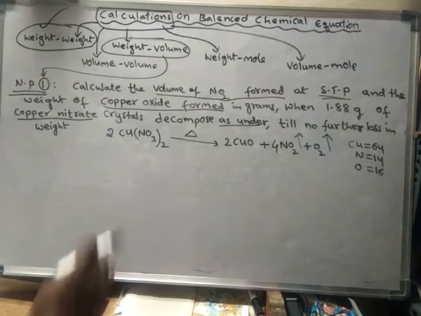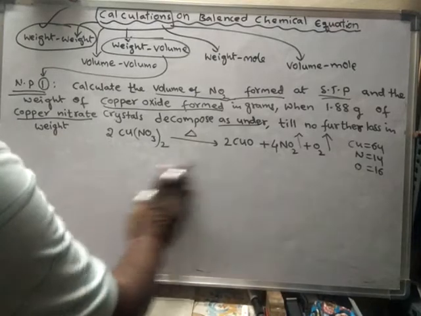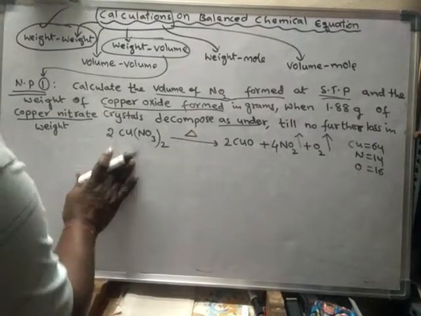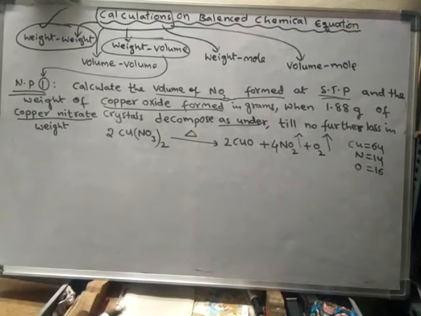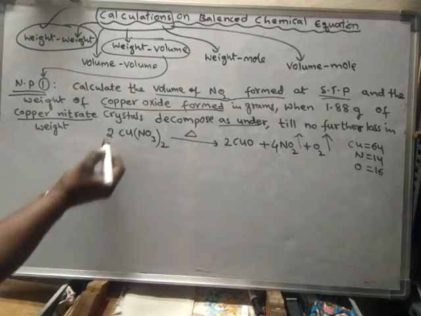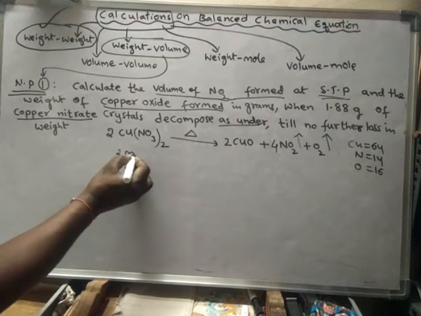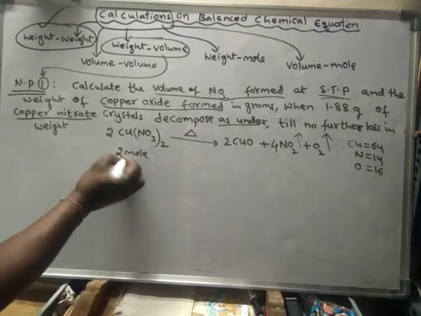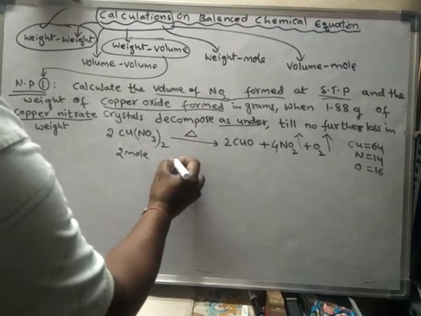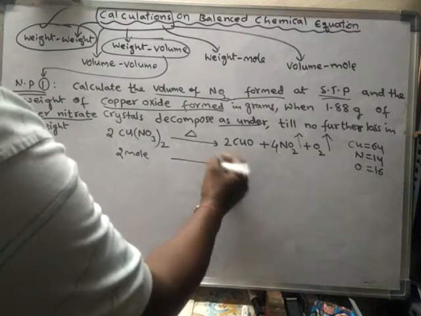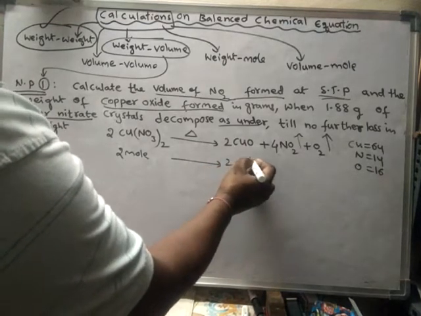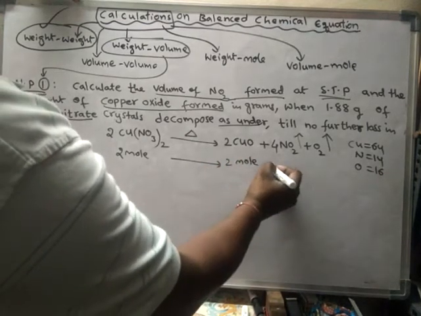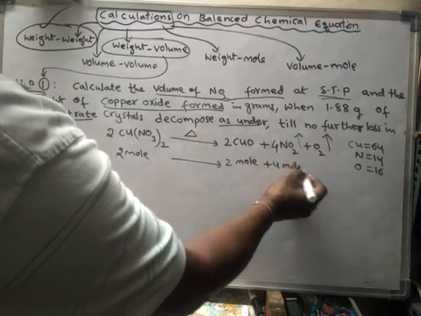First we will write some basics based on this balanced chemical equation. Here 2 moles of copper nitrate, upon heating, produce 2 moles of copper oxide and 4 moles of NO2.